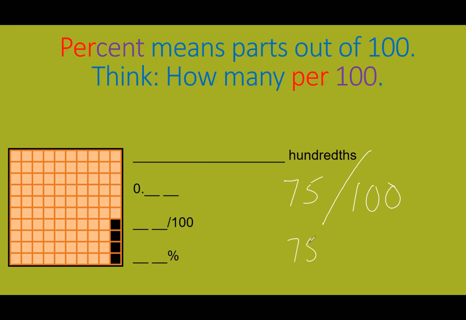You have a 75%, which is a C. That's how our grades work. Our grades work with percentages. It means how many out of 100.